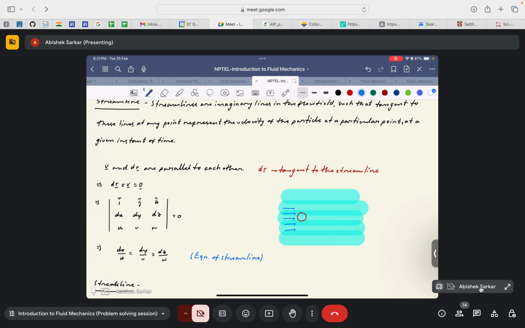But once the flow goes past the cylinder beyond a certain value of Reynolds number, which basically signifies the velocity in this case, you will see that there will be generation of some interesting patterns known as vortices.